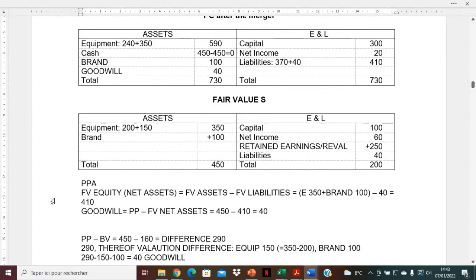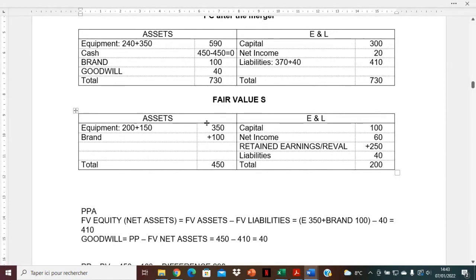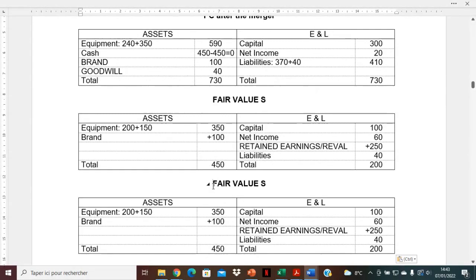Now, once I'm done with this, the thing I need to do is the combined balance sheet. So here I start with the subsidiary, doesn't really matter. I need to set up my combined balance sheet. So I take the subsidiary values and I add the original values of the parent company that we had here.